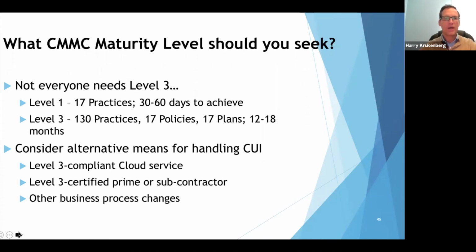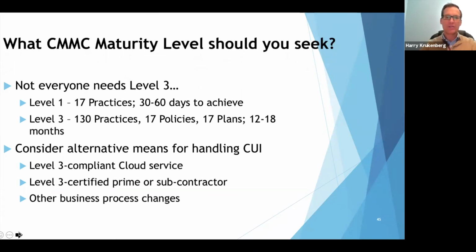Here, not only do you have 130 practices versus 17, you also have the 3 processes that James mentioned. Basically, those processes include developing a written policy for each of the 17 capability domains, and then a written plan for each of the 17 capability domains.